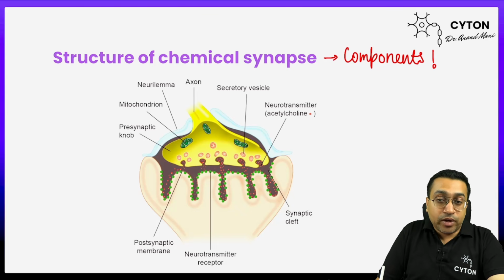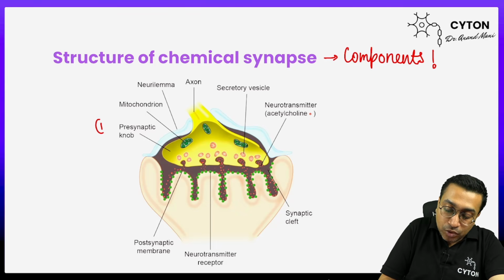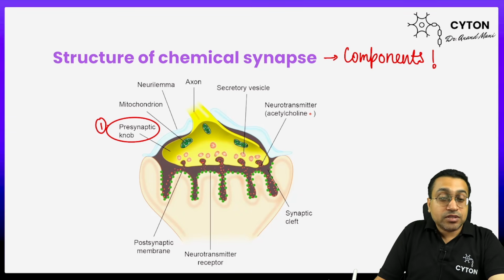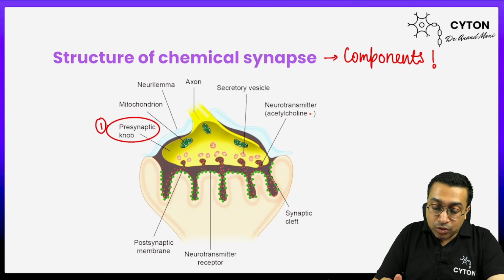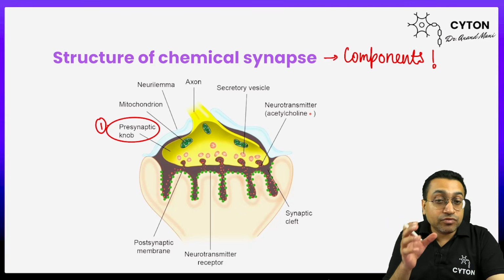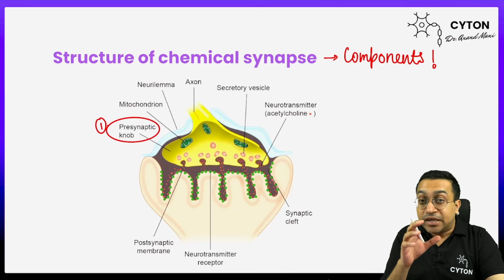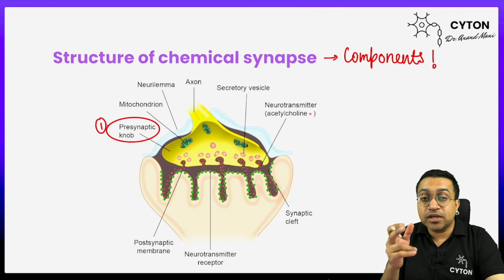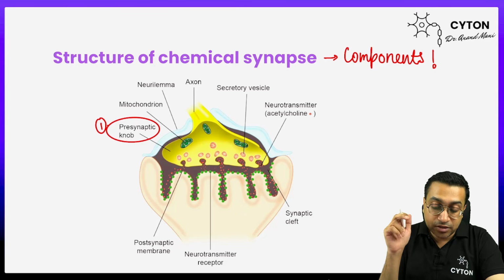Number one, we have the presynaptic element, or presynaptic knob. This is the part of the presynaptic neuron which releases the neurotransmitter, and it stores the neurotransmitter in the synaptic vesicles, as you can see in this photograph also.